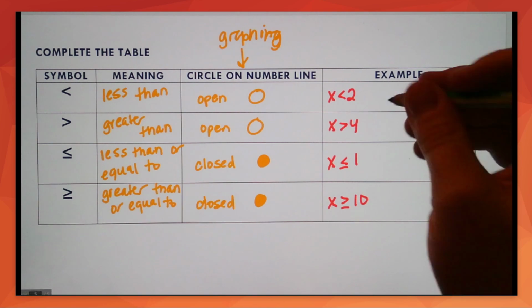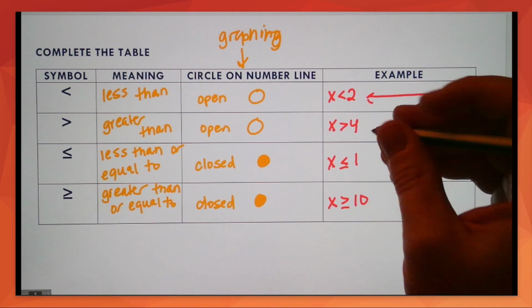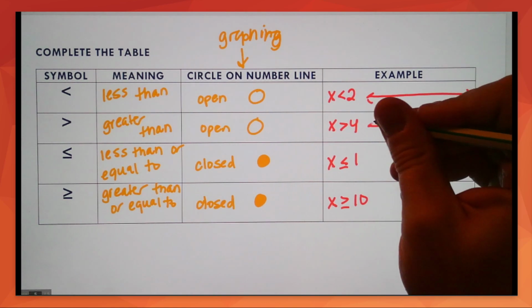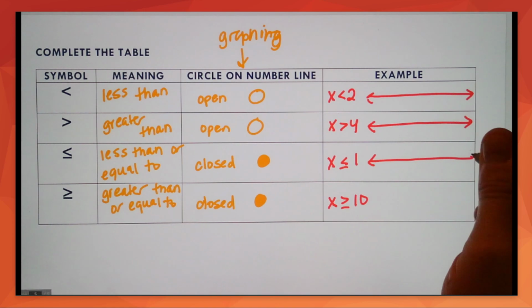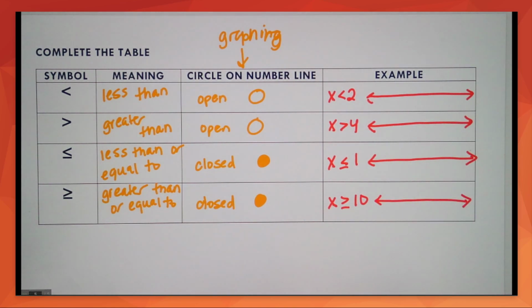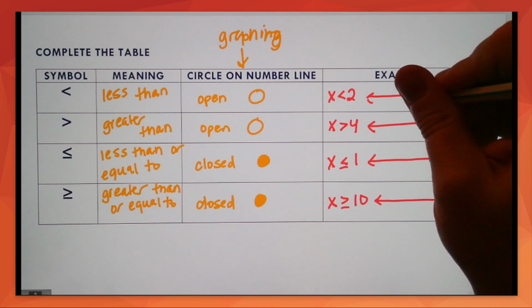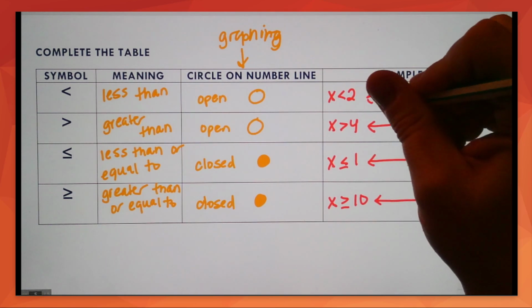And then I want you to draw a number line example. It doesn't have to be super artistic, as long as you have the idea down about what direction you're supposed to shade in and if it's an open or a closed circle.